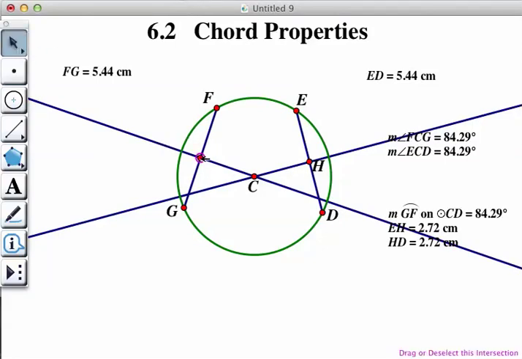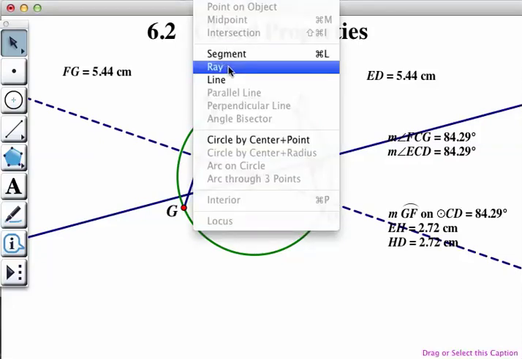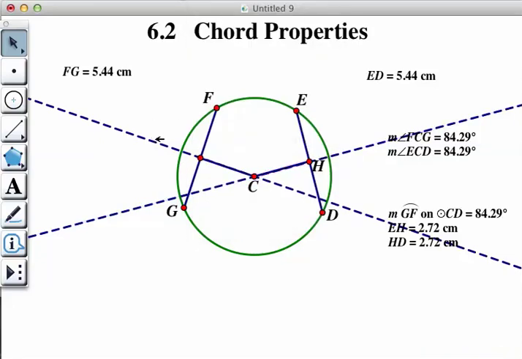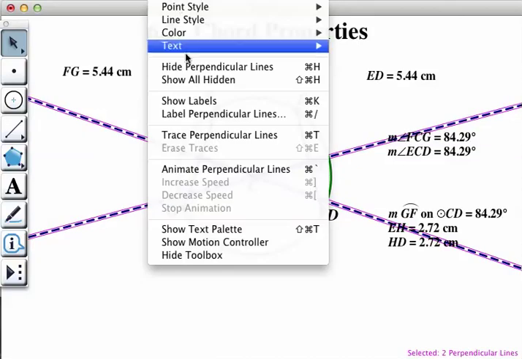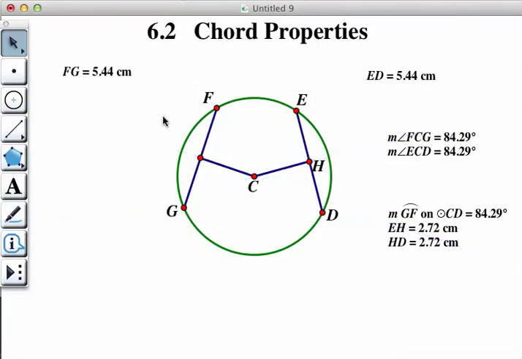Now I just want to talk about the segment from the center to that perpendicular bisector. So I'm going to hide my lines, and we can just talk now about the segments CI and CH.